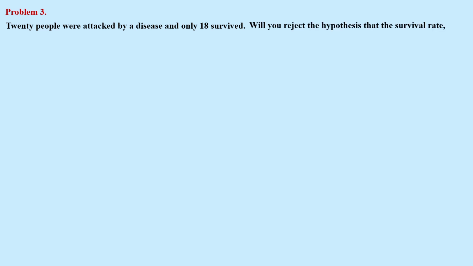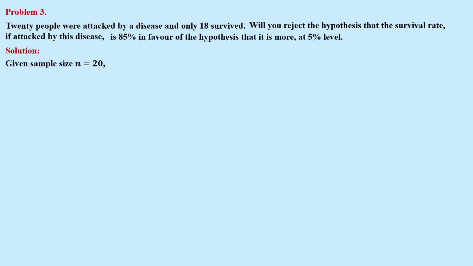Next problem. 20 people were attacked by a disease and only 18 survived. Will you reject the hypothesis that the survival rate, if attacked by this disease, is 85% in favor of the hypothesis that it is more, at 5% level?